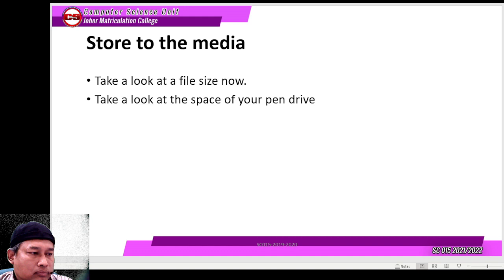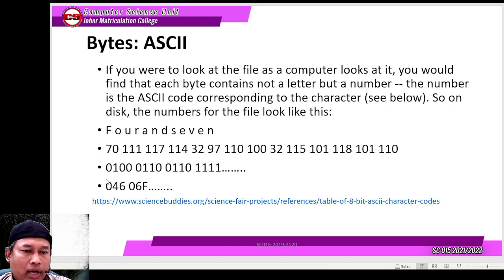Now, how will the computer store it? You will save it if you use a text file and save it on your hard disk or pen drive. The computer looks at numbers only, not the characters. You must remember, a computer uses electrical states only and understands 0 and 1.